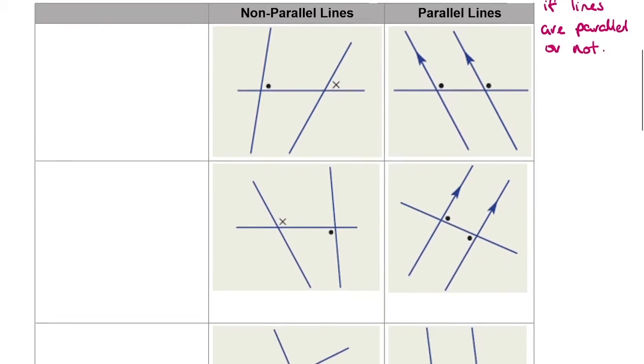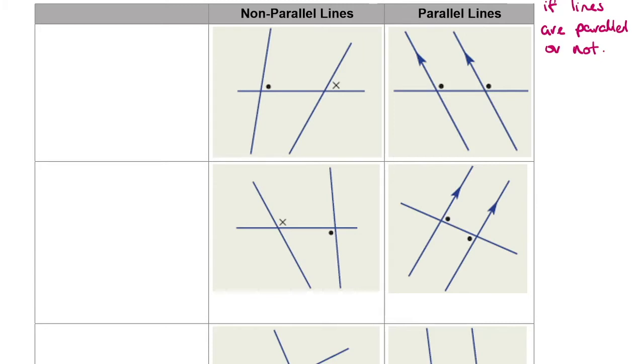And there we go. We've got the top two there that you can see pretty easily. In those first two diagrams, in that first row of cells in the table, we have some non-parallel lines and we have some parallel lines.